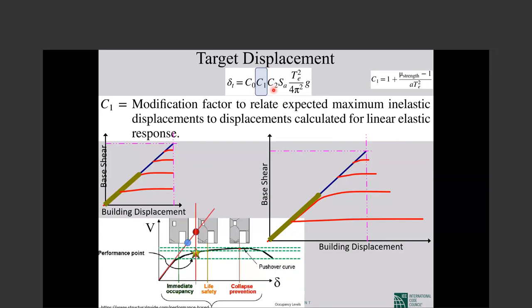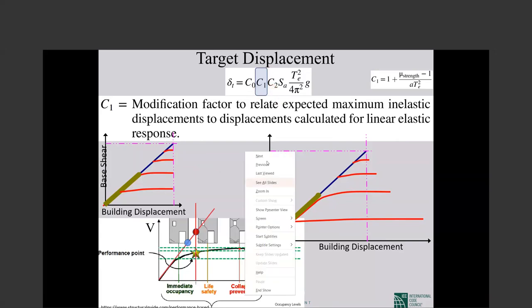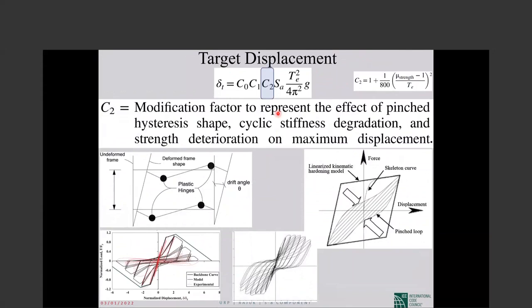Why is there no C2? Because C2 shows the effect of deficiencies, the effect of bad detailing, and a new building shouldn't be deficient. Any deficient element in a new building should be destroyed and replaced. Therefore, for a new building, we don't need the C2 factor. But for existing buildings, it's a very important factor.